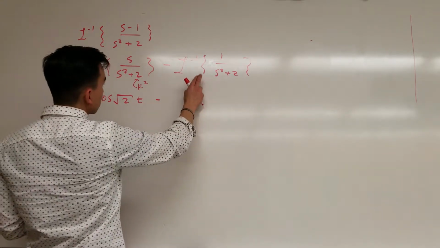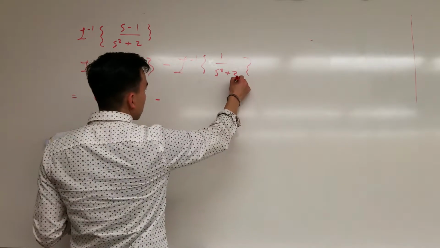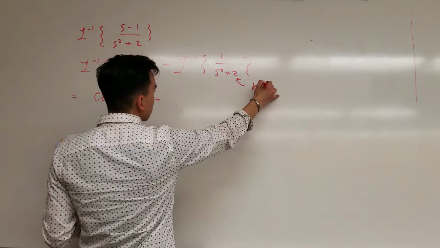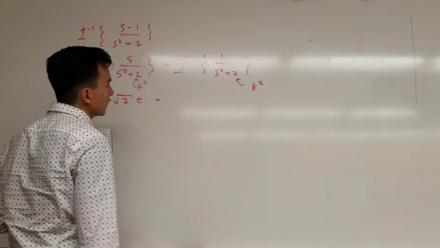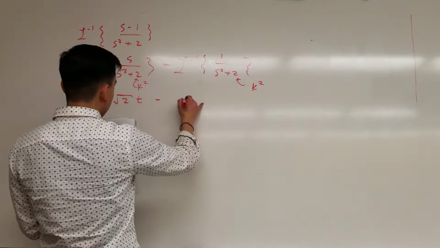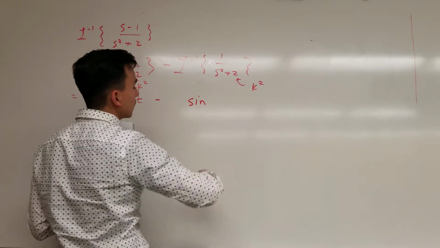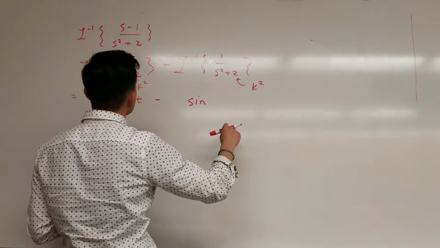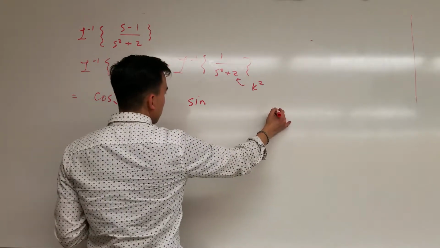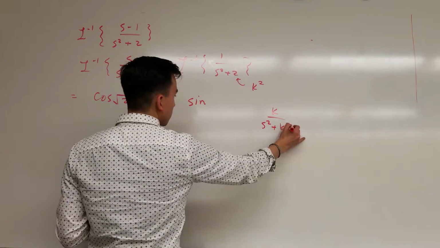And for this one, that 2 is in place of the k squared, right? And this one is going to be a sine function. However, for our Laplace functions, it was k over s squared plus k squared.